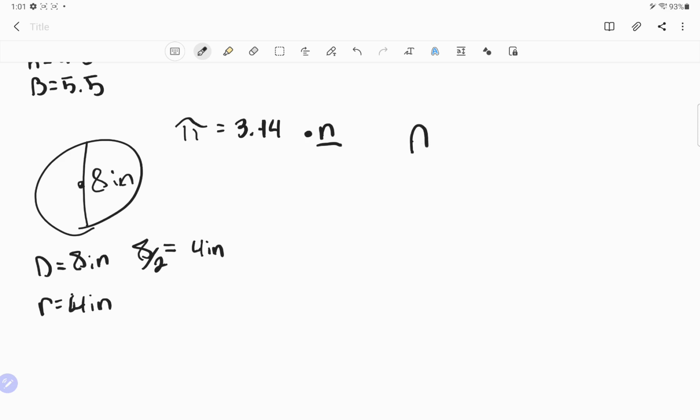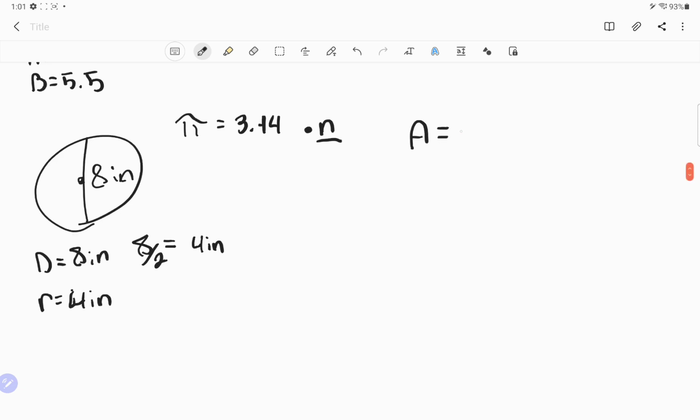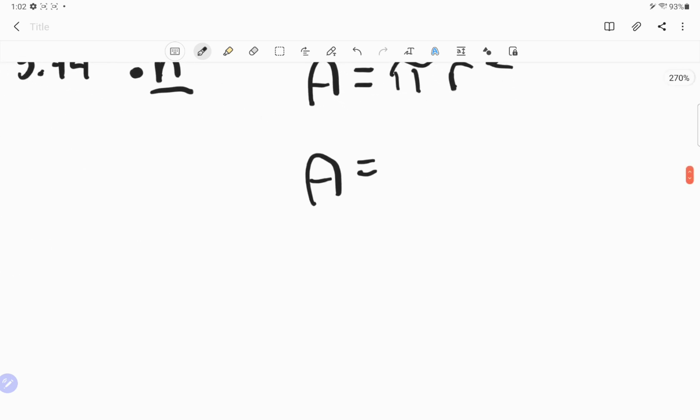The formula for the area of a circle is going to be pi r squared. Now I'm going to rewrite everything, but now I'm going to plug in my numbers.